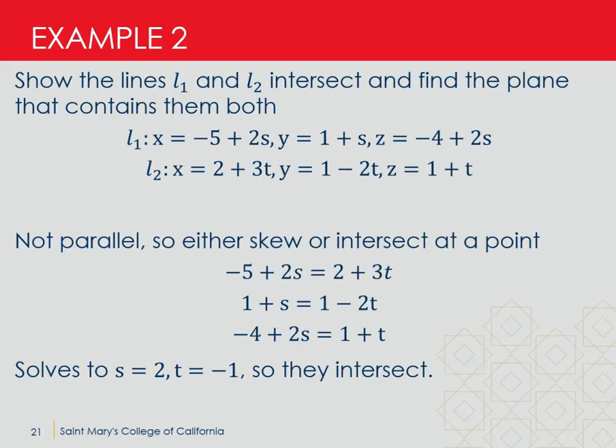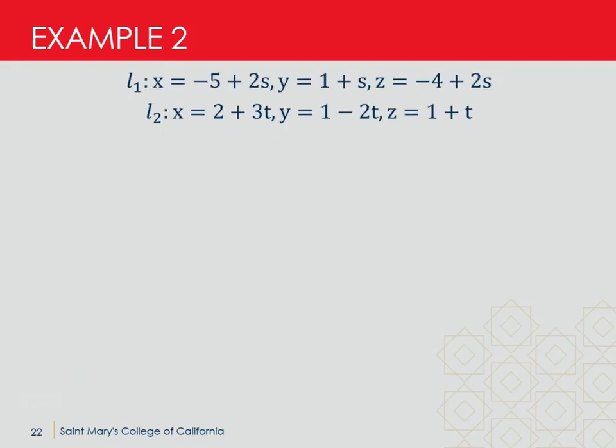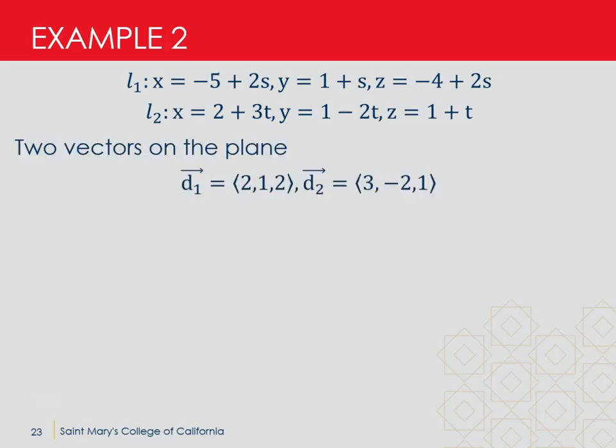Again, because they intersect, we can create a plane from them. So let's go back to these lines. We know they intersect. Let's create a plane. Two vectors on the plane, well, that's pretty straightforward. We can just take the directions of L1 and L2. The direction of L1 is 2, 1, 2. The direction of L2 is 3, negative 2, 1. And so we have 2 vectors, and we're kind of at the point we were at on the previous example, where we had 3 points.